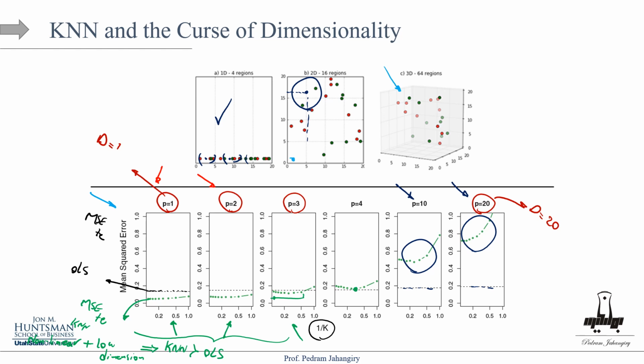Even when the dimension is 10, OLS is outperforming KNN by a large margin. These are the MSE numbers, right? The smaller the better. That's why we should be careful when applying KNN models, both for classification and regression. Especially for regression, if the dimension of the data is large, we know that there are better machine learning models out there, so we should not necessarily waste time using KNN regression.